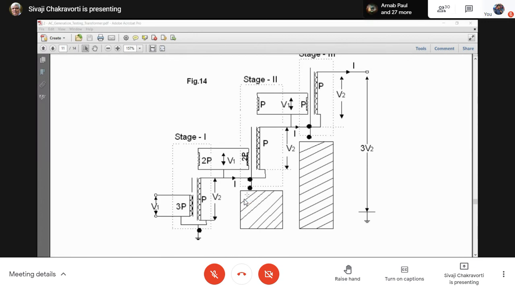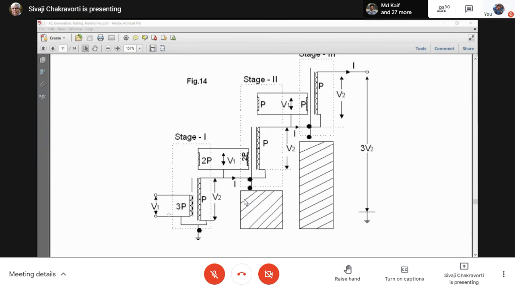Automatically, I get V1 in the tertiary. And that is applied across the primary of the second. Then automatically, I get V2 in the secondary. Automatically, I get V1 in the tertiary of the second transformer. Then I get V1 in the primary of the third transformer. And I get V2 in the secondary. And I get 3 V2 as the output.